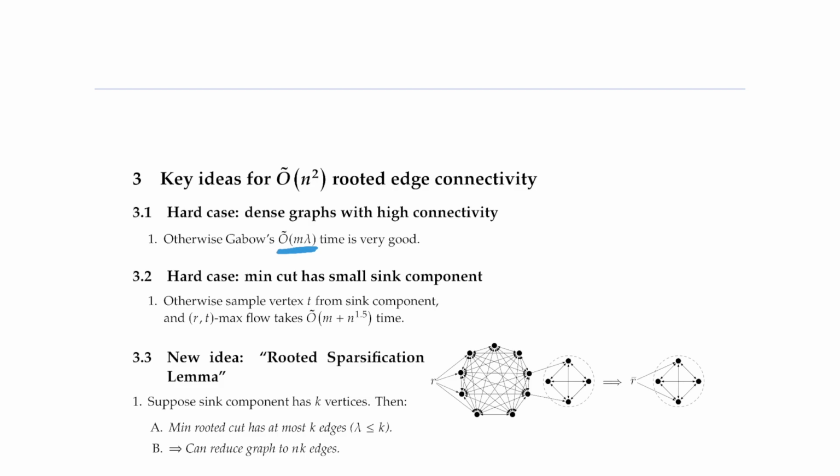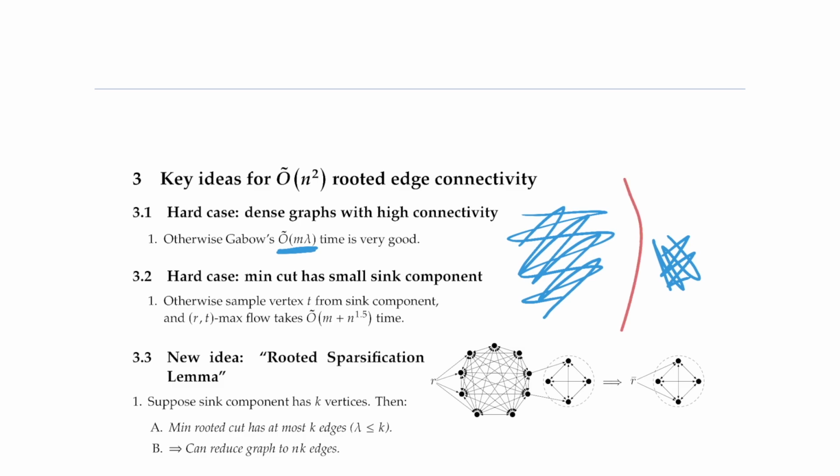And the other is when the minimum cut has a very small sink component. So maybe the graph looks unbalanced, and the cut is like this, because then it's hard to sample.